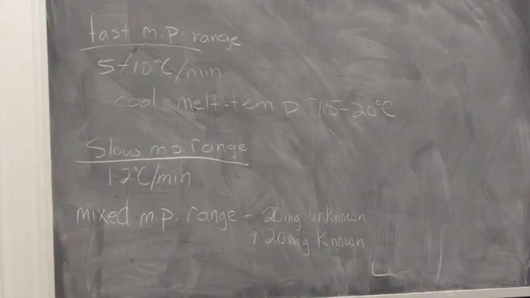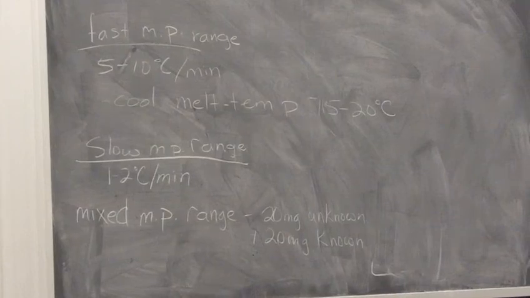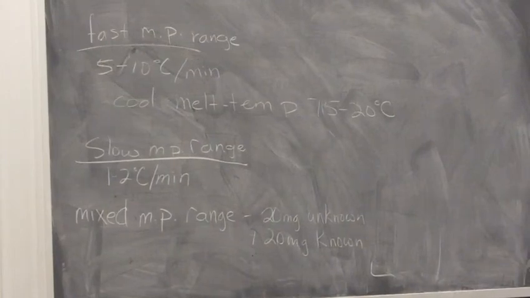So say for our first example, the melting point of the unknown is 100.3 to 101.2. Okay, so that's our slow melting point range.